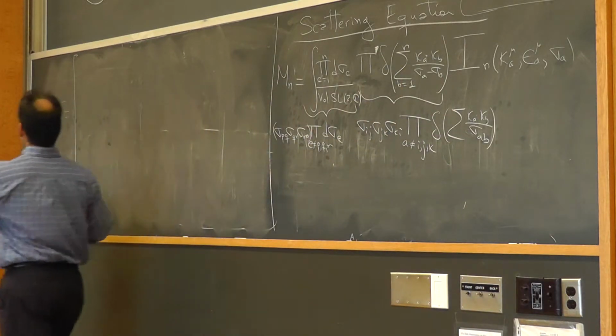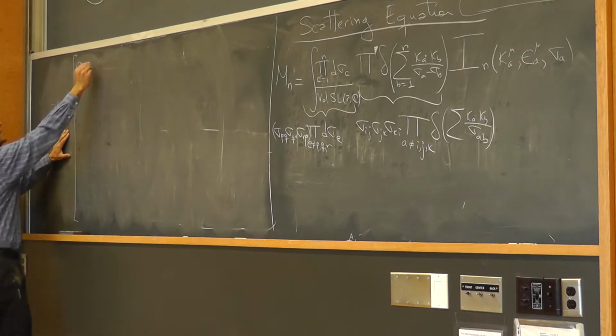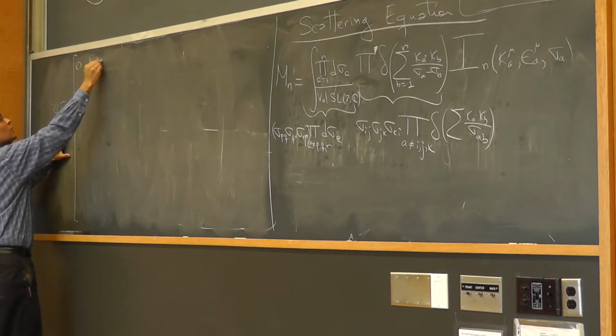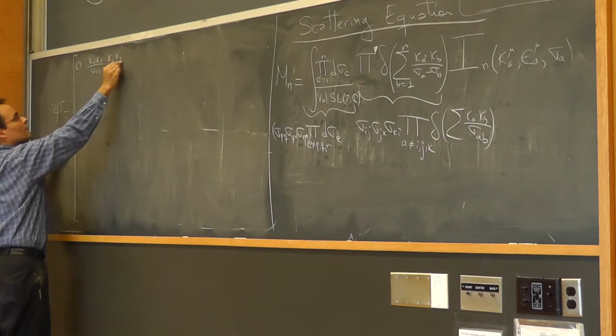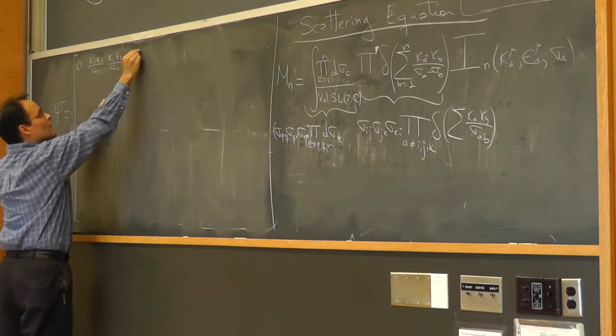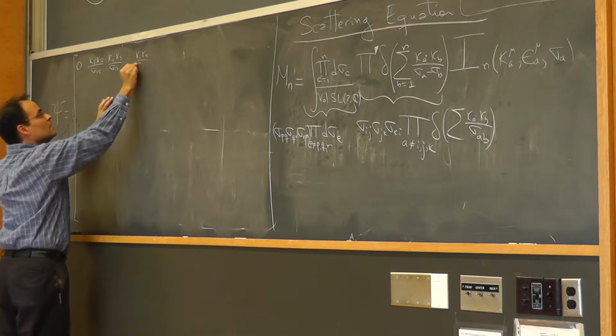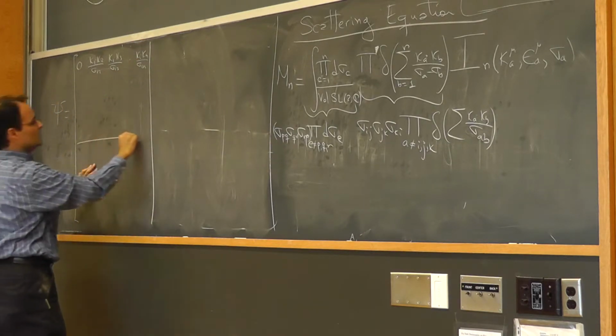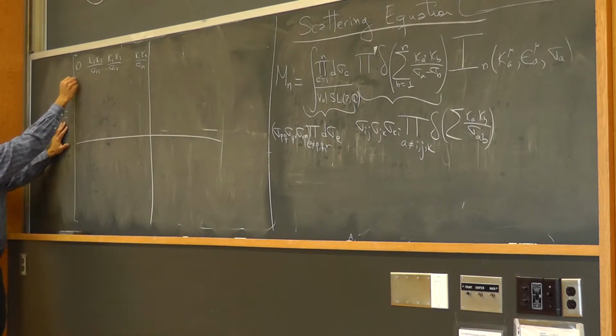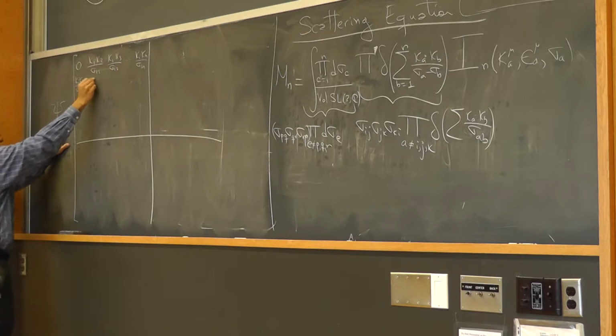So let me write this. K1 dot K2 over sigma 1,2 ... K1 dot Kn over sigma 1,n. Now you put this line and this line here. And right here, K2 dot K1 over sigma 2,1, 0.